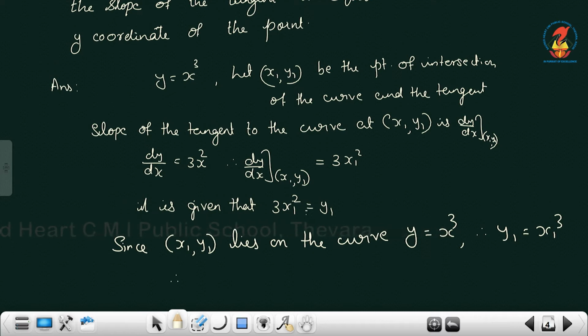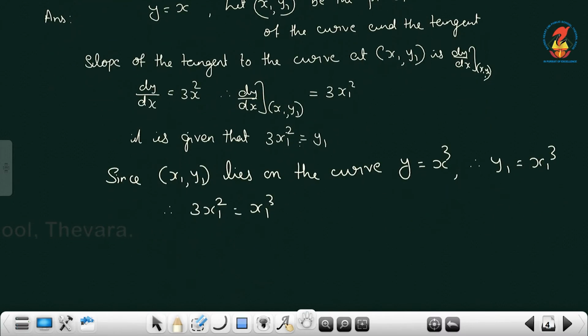Therefore 3x1 square equal to y1, and for that y1 we can substitute x1 cube. Now we can find the values.